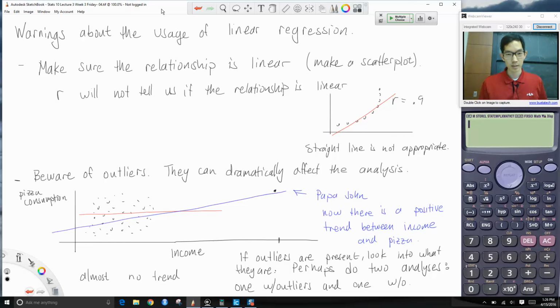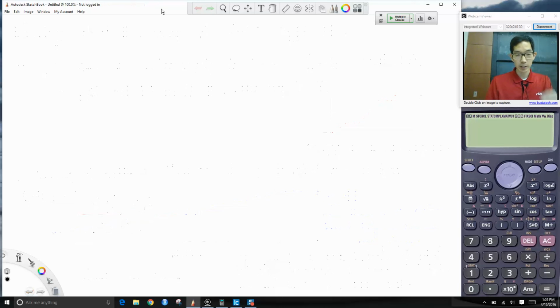So beware of outliers. They can dramatically affect the analysis.